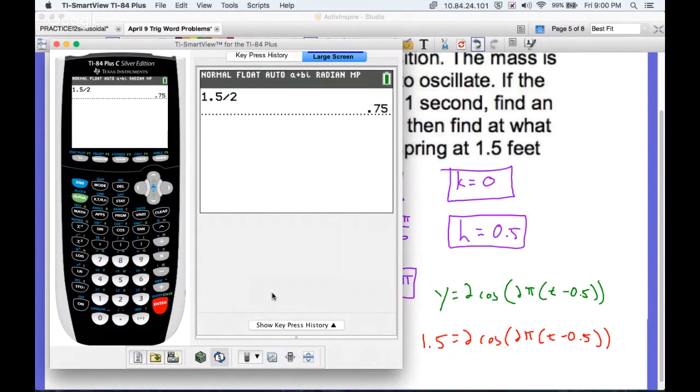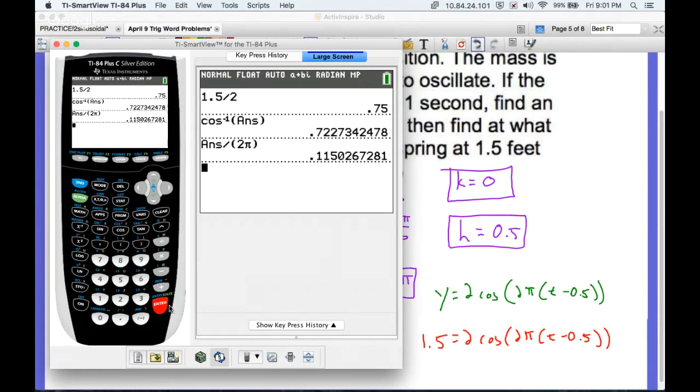Now to get rid of the cosine, I need to take the inverse cosine. So second cosine of second answer equals that decimal there. Now I got to get rid of the 2 pi, so I can divide this by, in parentheses, 2 pi. And then at the very end, I need to get rid of that minus 0.5, so I'll add a 0.5.